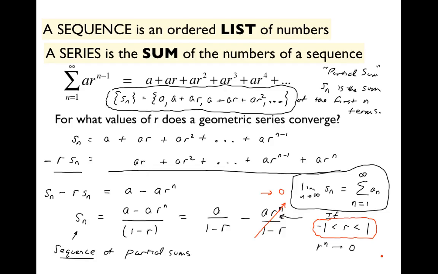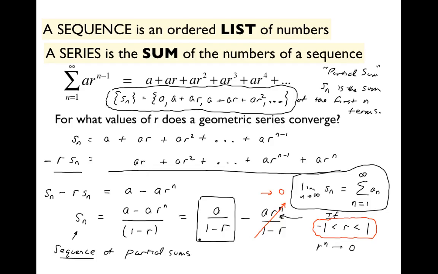So as n gets really, really large, this thing goes to 0, and what does the sequence of partial sums converge on? As n gets really, really big, this will go to 0, so the sequence of partial sums will go to A over 1 minus R. And whatever the sequence of partial sums does, that's the same as the infinite sum.